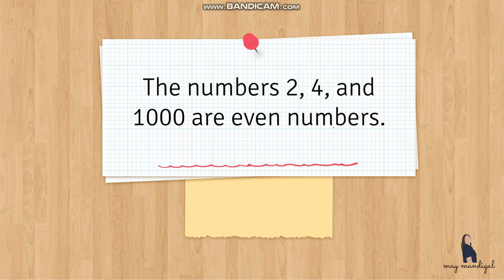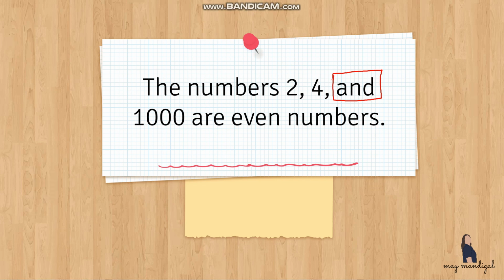Next, the numbers 2, 4, and 1000 are even numbers. Now you might say maybe this is a compound proposition because there's an and. You might think that because there is an and in the given sentence, it is automatically a conjunction. But you have to analyze what is the purpose of and. Does it connect two simple propositions, or is it just used to connect subjects of the given sentence?